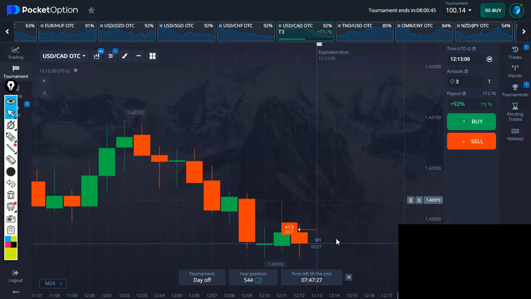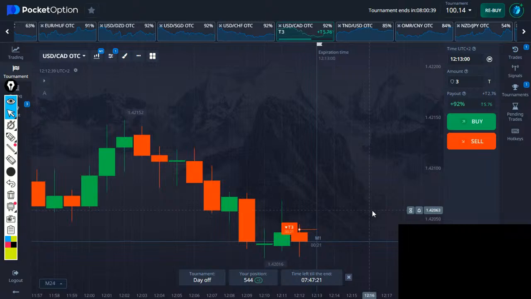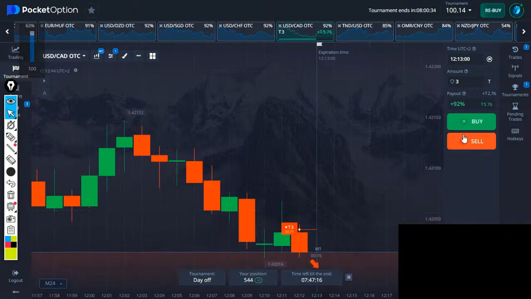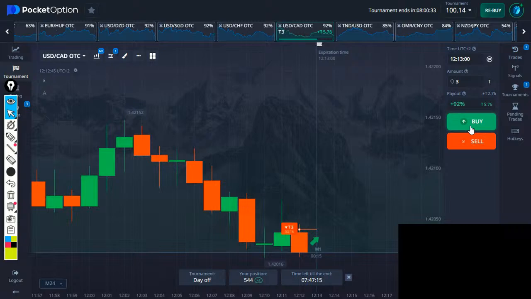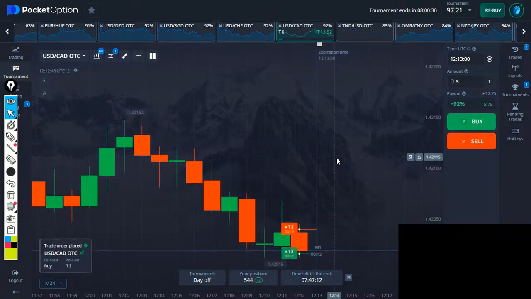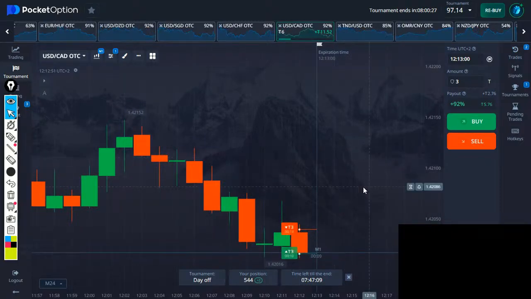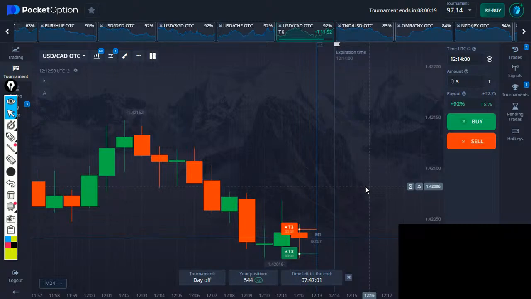Nope, rejected from the doji level. I'll take a rejection one here. Let's see. Beautiful. Come on. Beautiful. 2 trades.